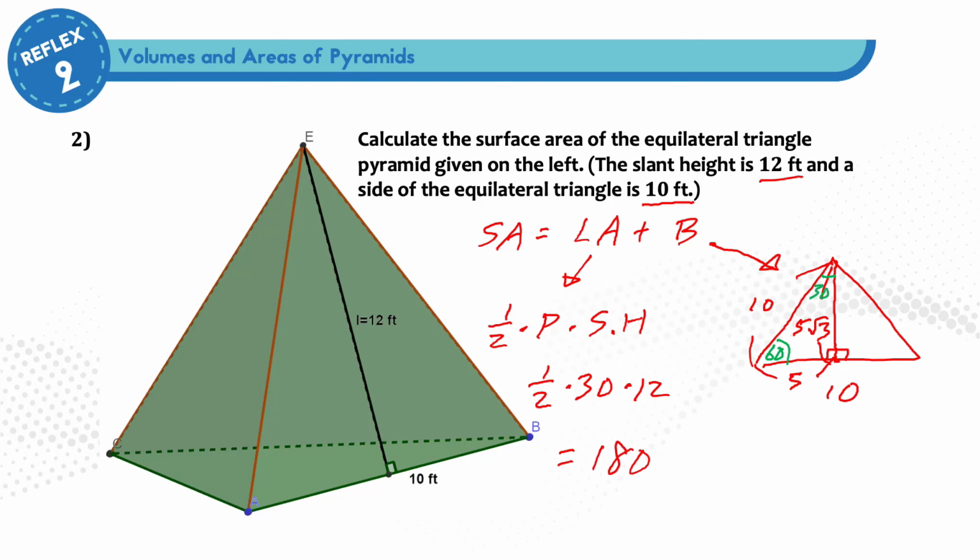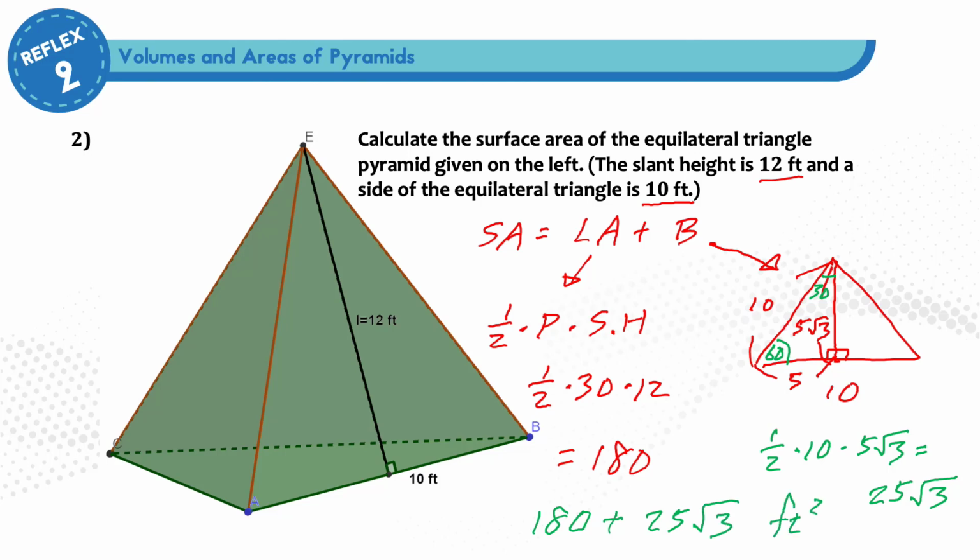Now, the area of this triangle would be 1/2 times 10 times 5 times the square root of 3, which is equal to 25 times the square root of 3. So, the surface area is equal to 180 plus 25 times the square root of 3. Now, the unit would be square feet. Done.